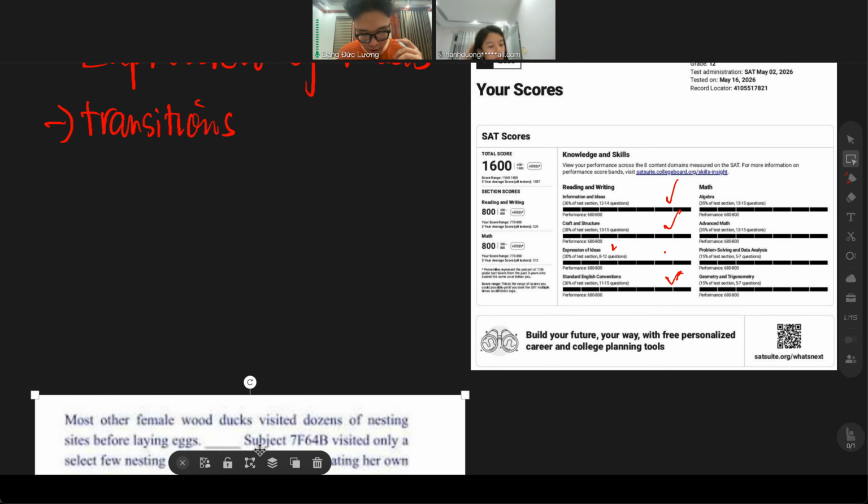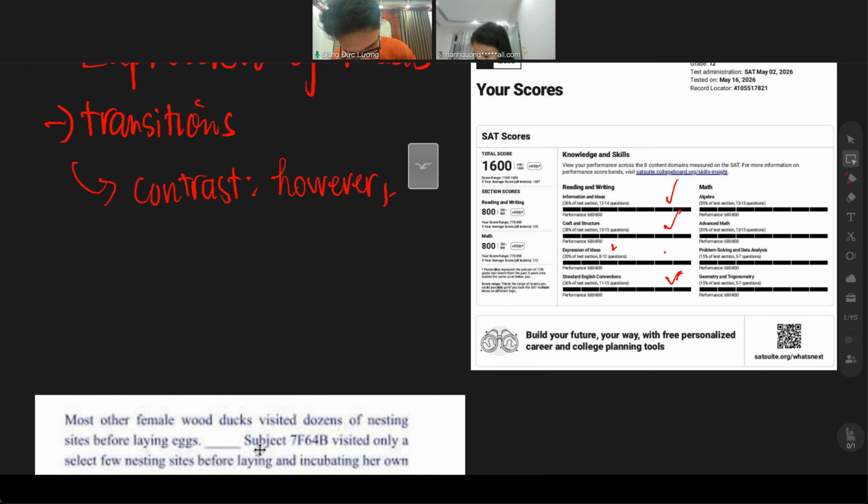Okay, you need to take note here a bit. There will be three groups. First is contrast. The contrast words will be however, nevertheless. But, right, it is a conjunction. Oh, is but a conjunction?